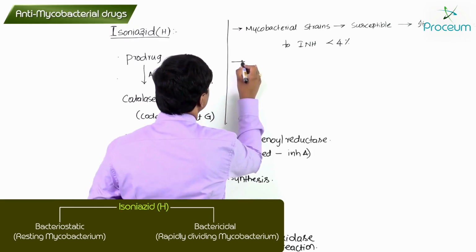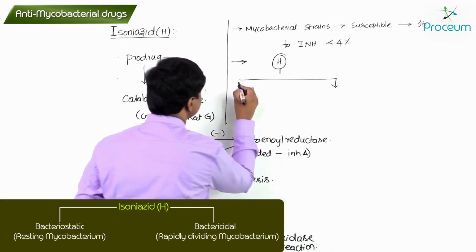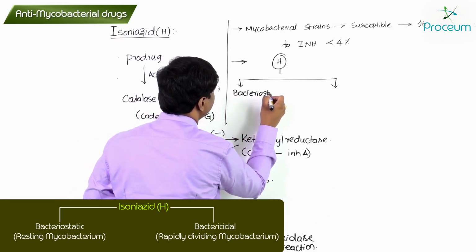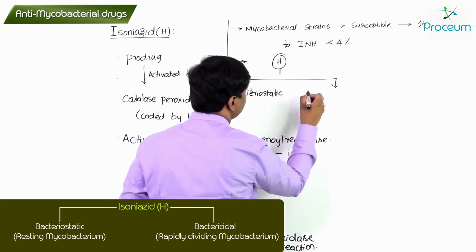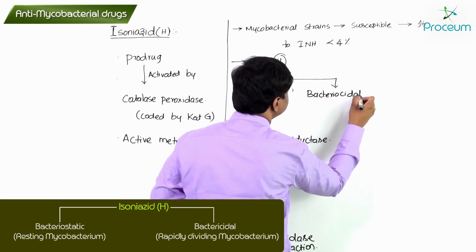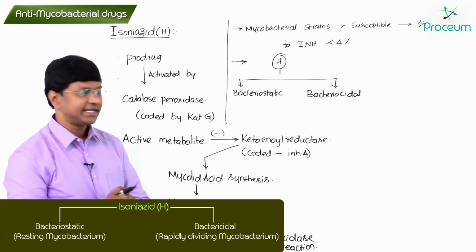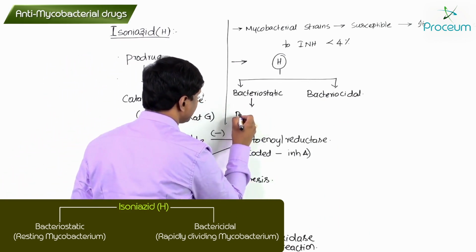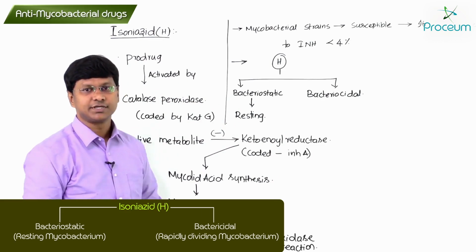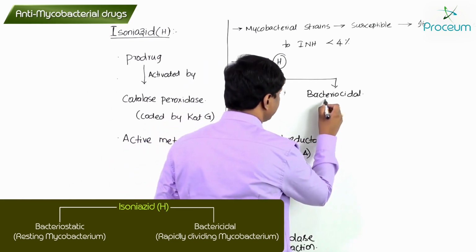So remember, isoniazid acts as bacteriostatic and bactericidal. Bacteriostatic acts against the resting tuberculous organisms, whereas bactericidal acts against rapidly multiplying organisms.